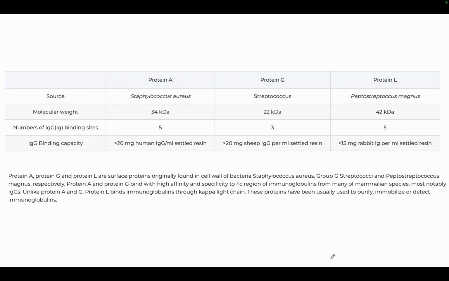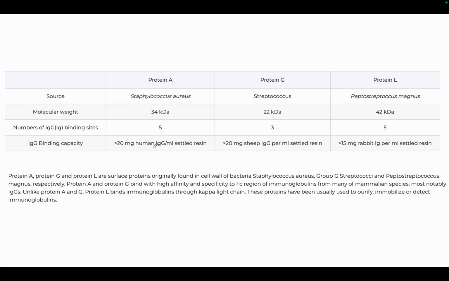There are also proteins which actually have affinity for antibodies. This can be good if you want to purify antibodies for any other cause. These are surface proteins found in the cell walls of bacteria, called protein A, protein G, and protein L. They specifically bind to immunoglobulins and are best for purifying IgGs.